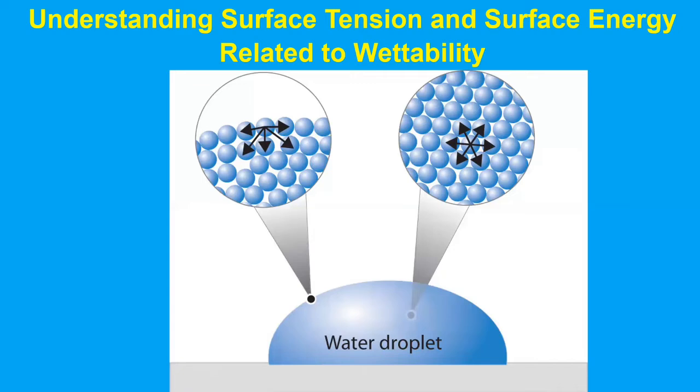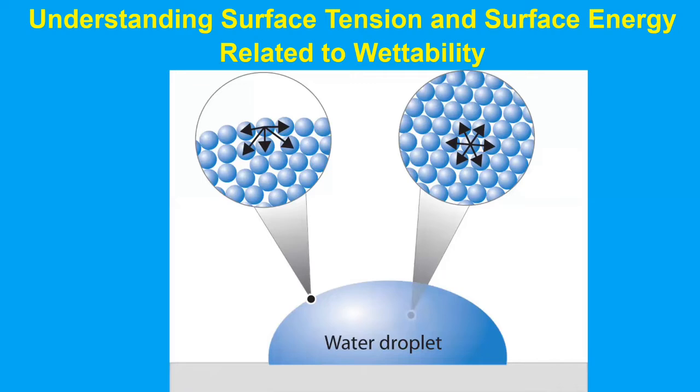First of all, we need to understand what surface tension is. Surface tension is a fundamental property of liquids. Any liquid, like water based inks and solvent based inks, is a liquid. So surface tension is a fundamental property of liquids that results from attractive forces between the molecules.